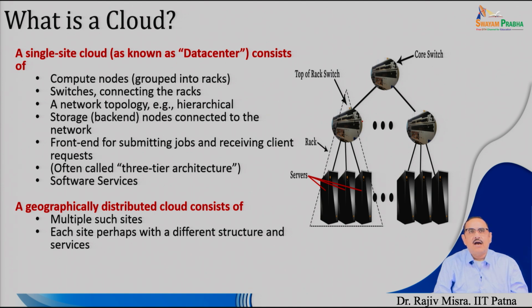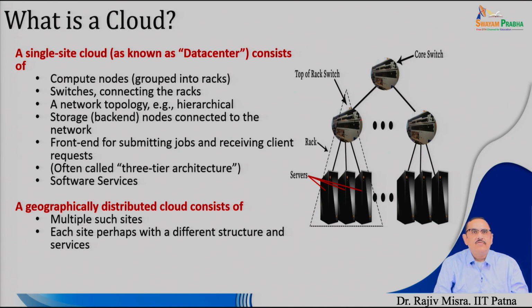The second important aspect about the cloud is that it is a geographically distributed cloud, because it is not only one data center, but multiple data centers at multiple sites. It consists of multiple such sites.